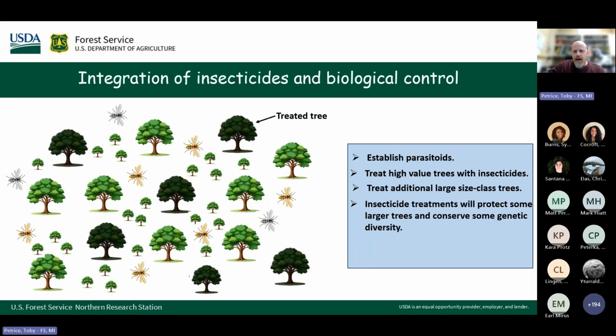And then the insecticides are going to protect these larger trees, keep some large trees on the landscape, and also help conserve genetic diversity in the stand. And then we would rely on the parasitoids to reduce populations in untreated trees, and especially in these young trees that are going to be filling in these gaps where the larger trees were killed by emerald ash borer.